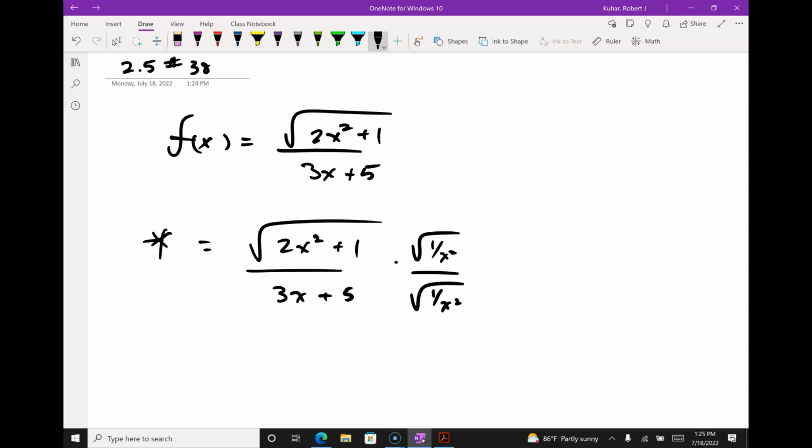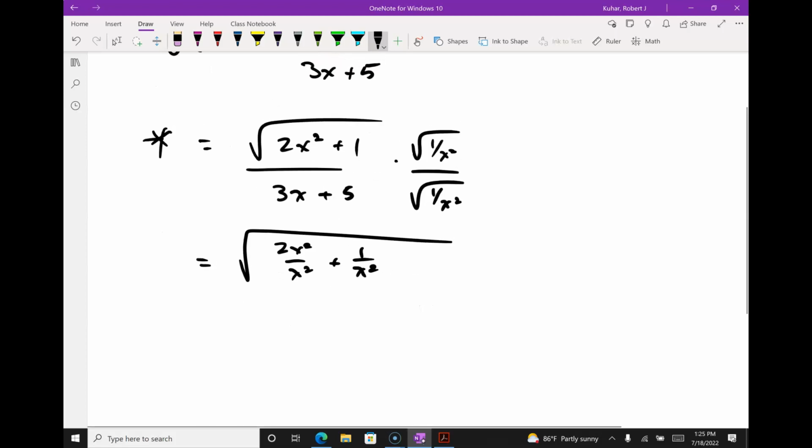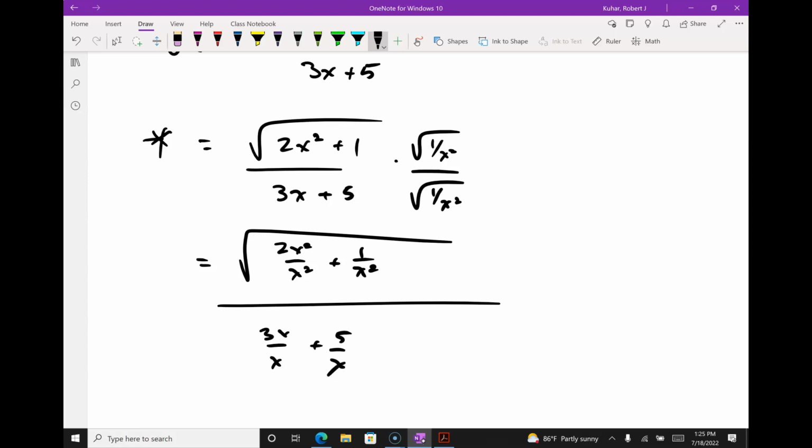Again, I'm picking the highest power I have in numerator or denominator. So upstairs I get the square root of 2x squared over x squared plus 1 over x squared. Make sure we agree with that. Downstairs, the square root of 1 over x squared is just 1 over x. So I get 3x over x plus 5 over x.